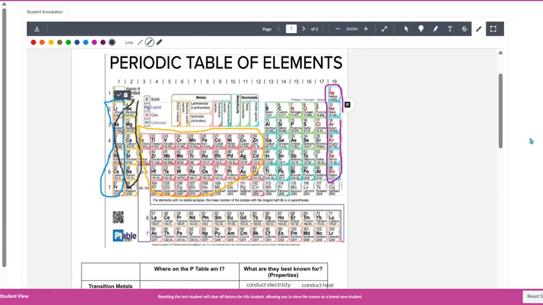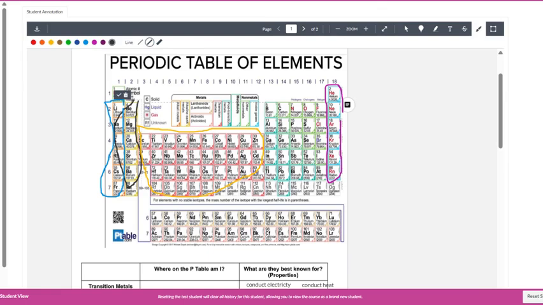Because they want to lose 2 electrons to become more stable, it makes them better at forming bonds with elements. Magnesium is going to form magnesium oxide. So if we go over here, magnesium is 2 from the left. Magnesium really likes to bond with oxygen, which is 2 from the right.